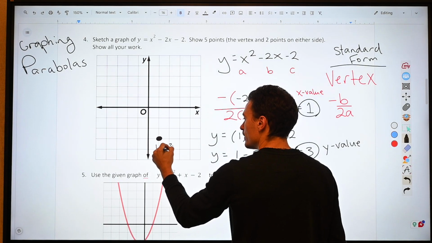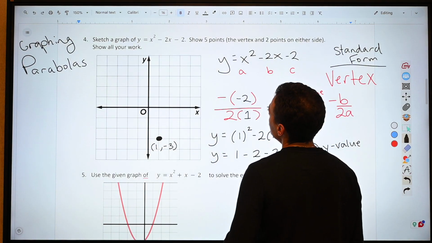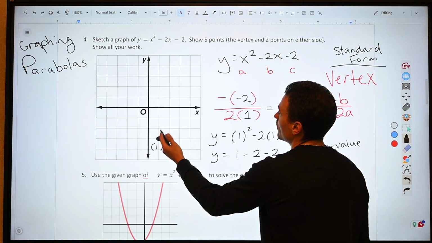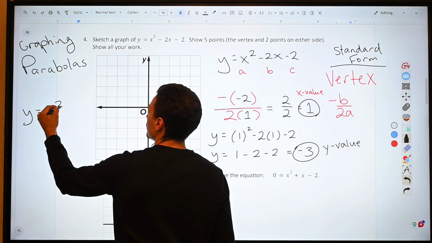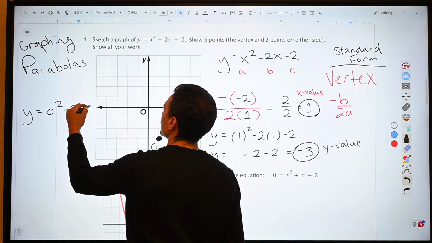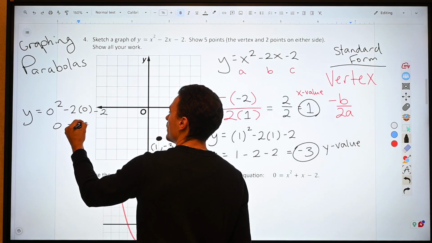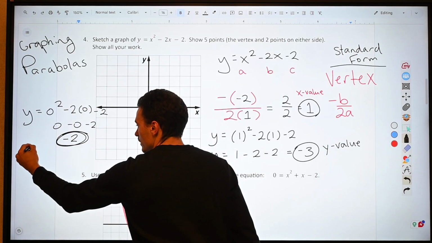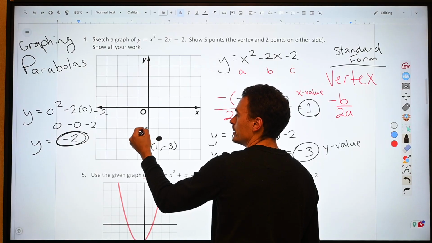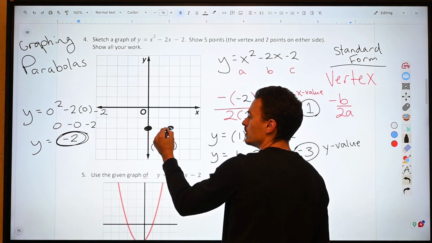And then we have to graph our parabola. If I plug a 0 in, I get 0 minus 0 minus 2, which is minus 2. That's if I plug a 0 in, so that's right here. We know parabolas are symmetrical.